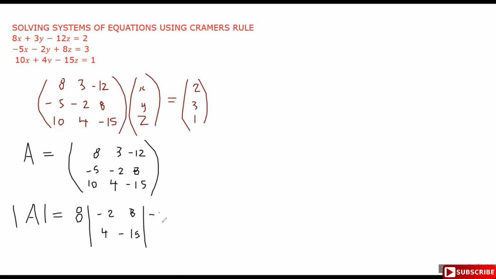It's going to be minus 3 times, cross out the row and the column with minus 3. We're going to have minus 5, 8, 10, and minus 15. And then this is going to be plus minus 12. So it's really minus 12 times, in bracket, cross out this row and cross out this column. This is now minus 5, minus 2. This is 10, and this is 4.